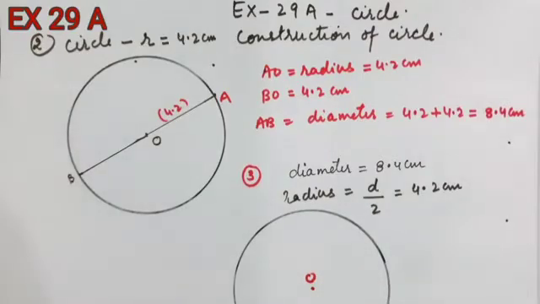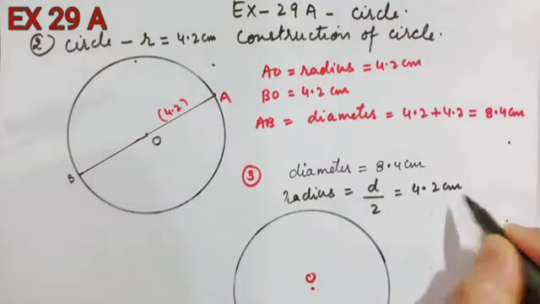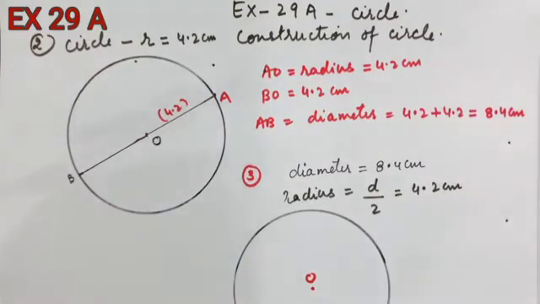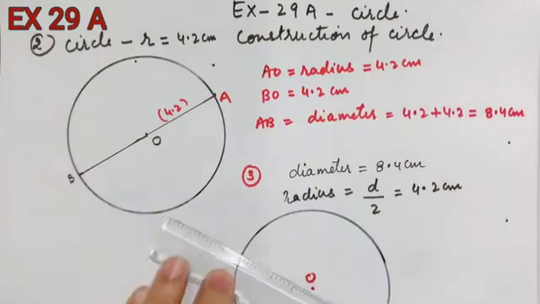So in each case measure the length of the radius. Do they think that we are fools? They say measure the length. Brother, when we have already taken the radius as 4.2 centimeter, what will I measure? So we will say that the radius is equal to 4.2 centimeter.